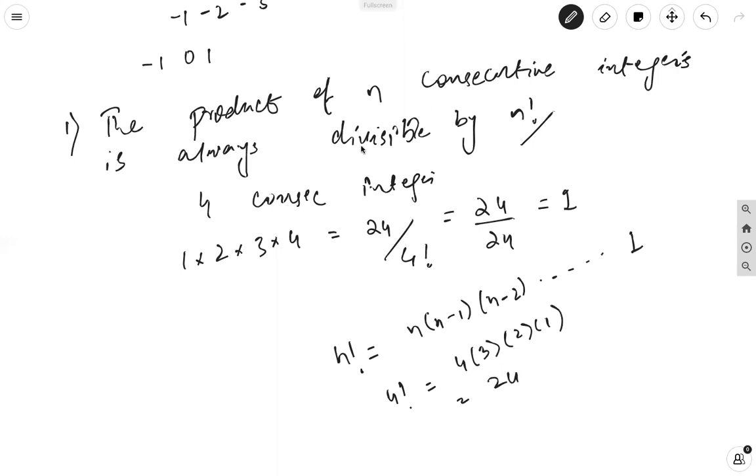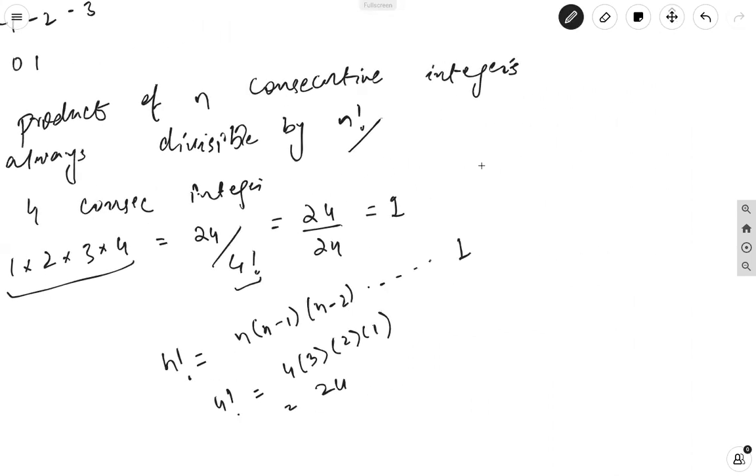So we are saying that the product of n consecutive integers is always divisible by n factorial. If we have 4 consecutive integers and take the product, that must be divisible by 4 factorial, right? Anyone got this first property? If it is 5 consecutive integers, the product should be divisible by 5 factorial.